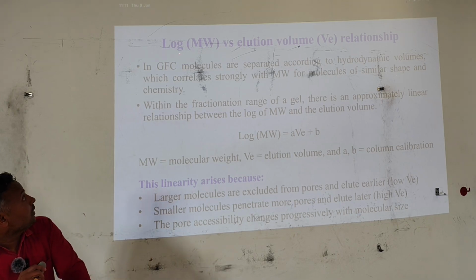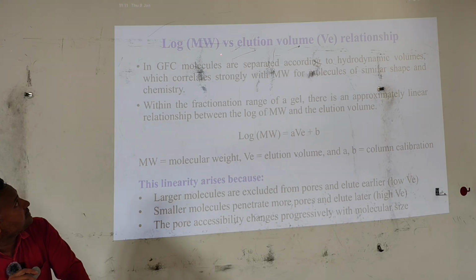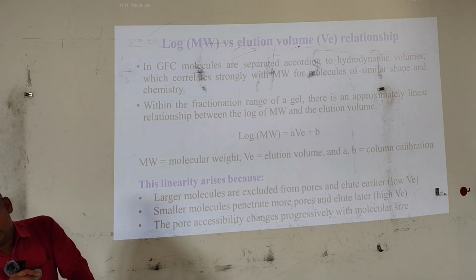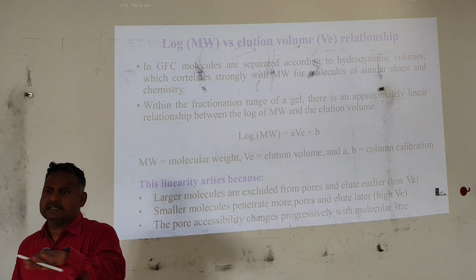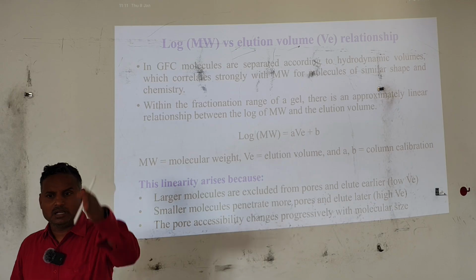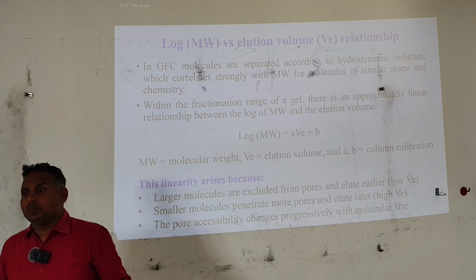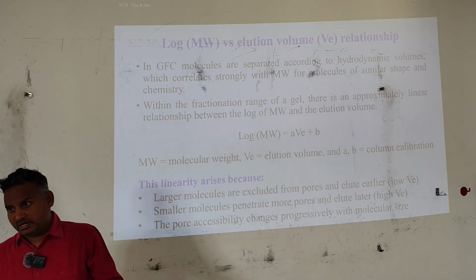Now, the relationship between the logarithm of molecular weight and elution volume. As we know very well, on the x-axis it is elution volume, and on the y-axis the molecular weight.